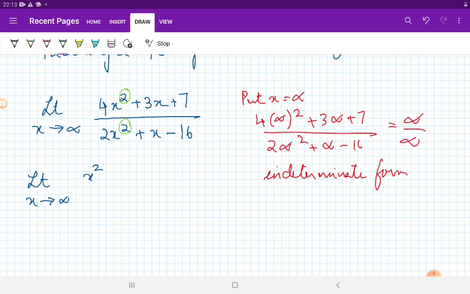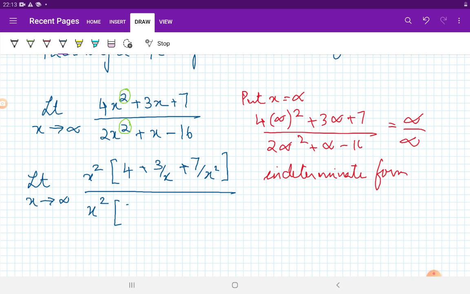So I'm going to take x square outside, and I'm left with 4 plus 3 by x plus 7 by x square in the brackets. Similarly, in the denominator, I again take x square common, and I'm left with 2 plus 1 by x minus 16 by x square.